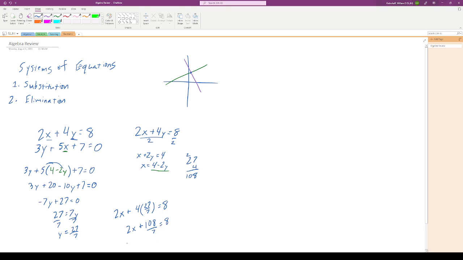Then I need to combine my constants. So I'm going to move the 108 over 7 over to the right and get rid of that and have 8 minus 108 over 7. To combine these into a single number, they both need to be over 7. So I can rewrite this 8 as something over 7. To do that, I multiply the top and bottom by 7.